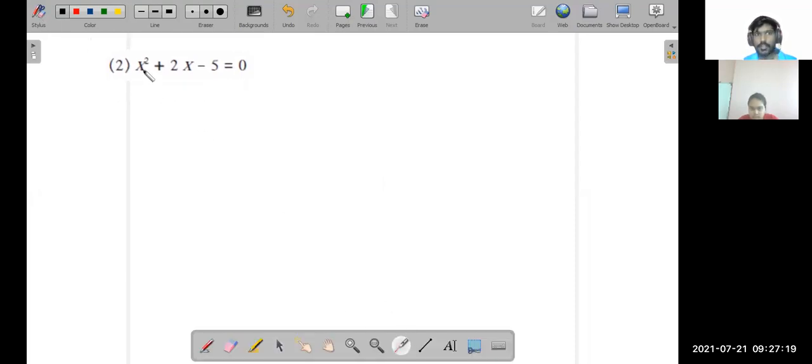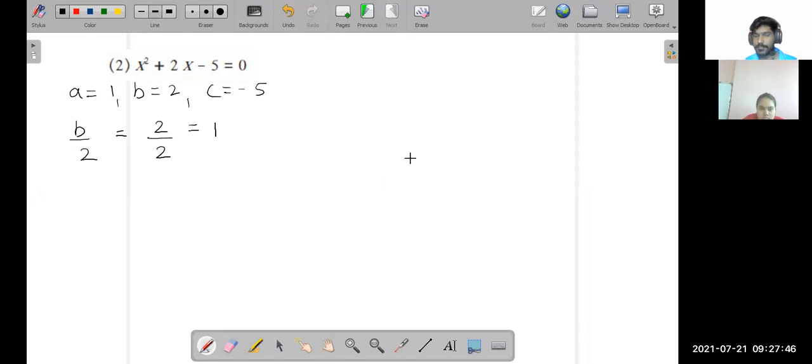First, you have to check the coefficient of the square term. The coefficient of the square term is 1, so we can continue with this method. Then you write a is 1, b is 2, c is minus 5. After this step, you find out b upon 2. So in this, b is 2 and 2 divided by 2 is 1.